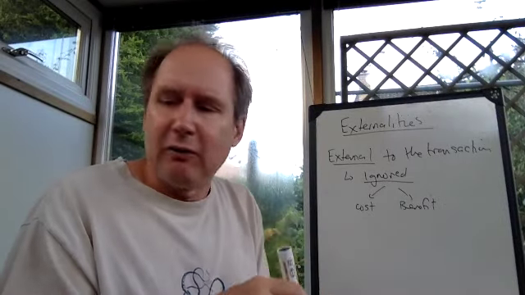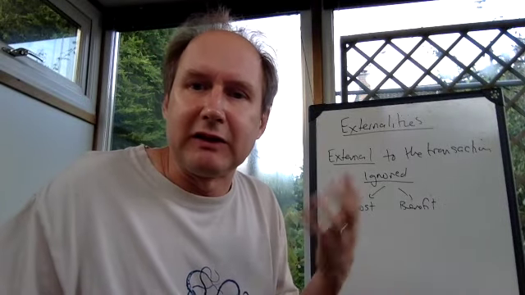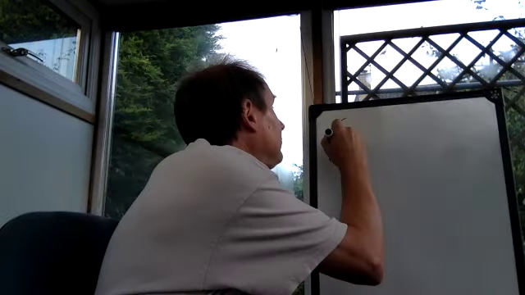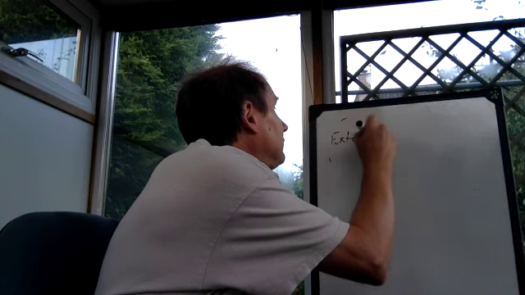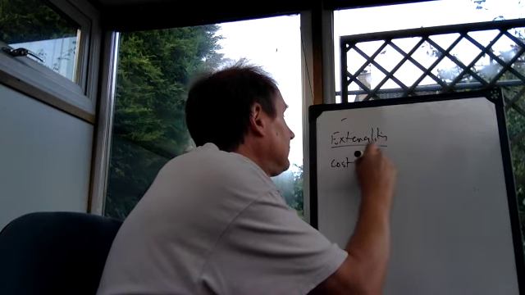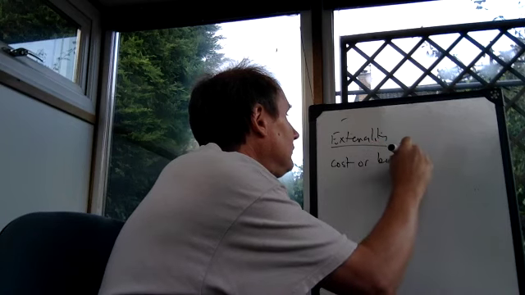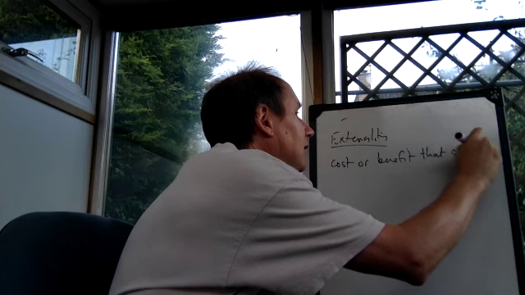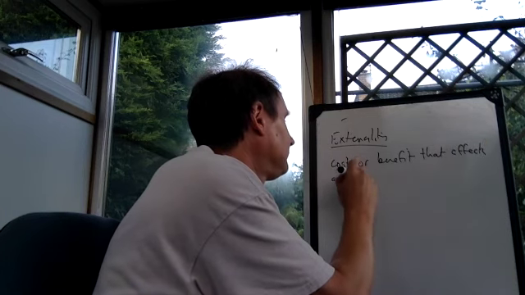So what is an externality? Let's define it. An externality is a very simple idea. It's a cost or benefit that affects a third party.